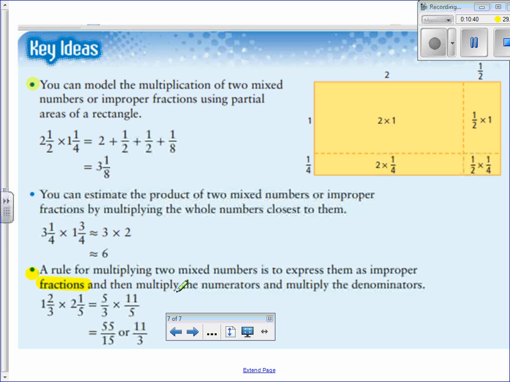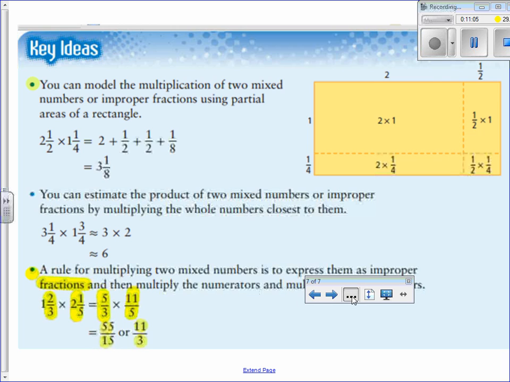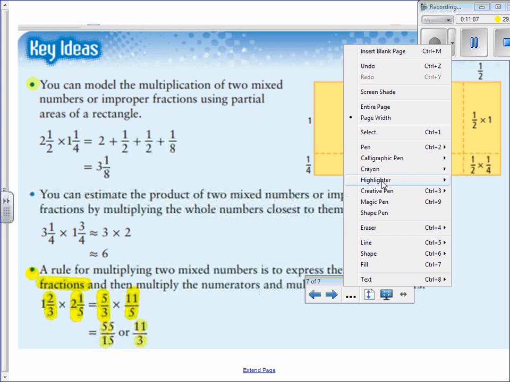So you can see here they changed 1 2/3 to 5/3, 2 1/5 to 11/5, and they multiplied 5 times 11 and got 55, and then 3 times 5 and they got 15, and then they wrote it out in lowest terms and got 11 over 3. Now they didn't do it here, but they could have easily changed that back to a mixed number in the end. So let's get my pen here. Let's see, 3 goes into 11, what, 3 times?